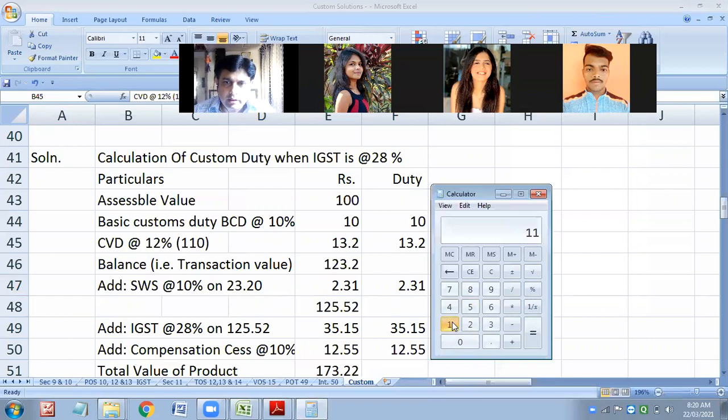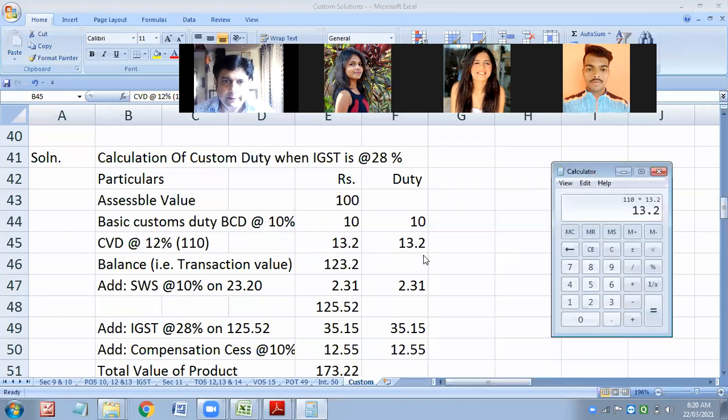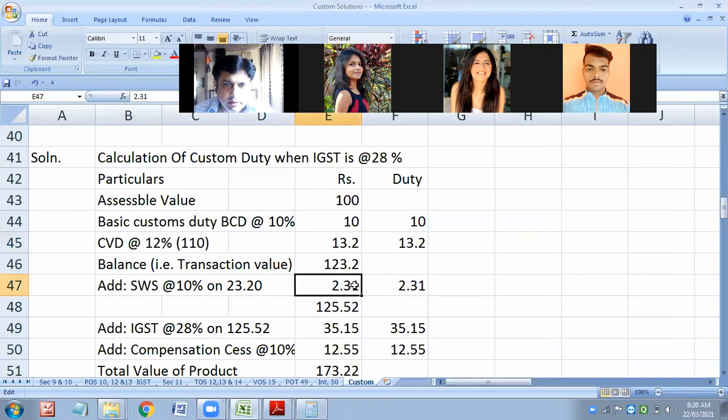110 ka 12%. Yes, right. 20 paise. Your calculation is perfect.